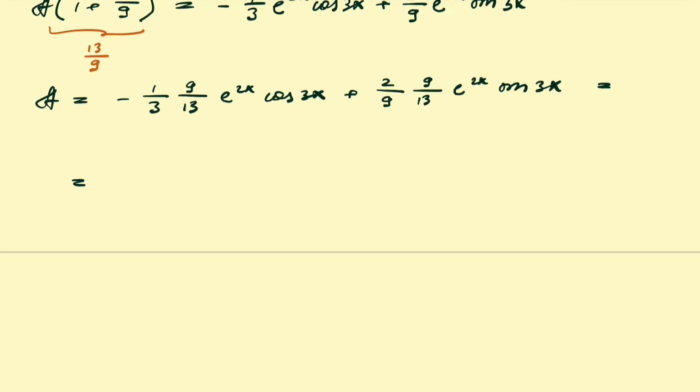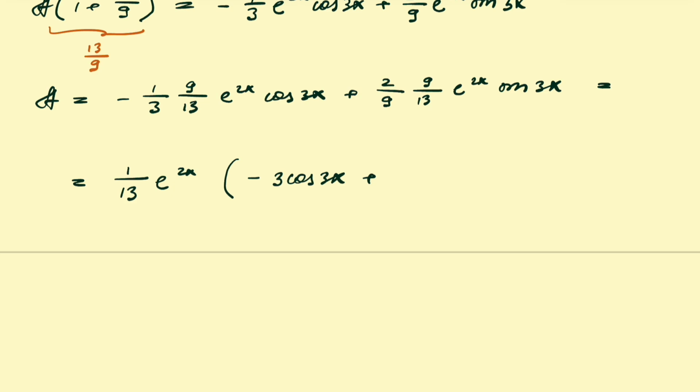let's write it in a neat way. For this I propose just writing 1 over 13 e to the 2x out of the brackets, and then write what is left, which is minus 3 times cosine of 3x, right?